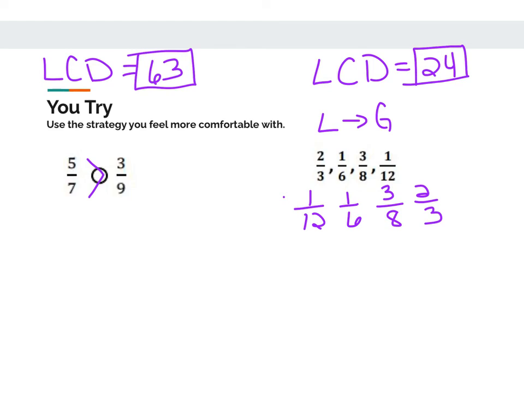If you used models, be careful because for the first one, those are too close to see which one's greater. And this second one, you could have done with models. But make sure that if you used least common denominator, you have 63 for the first one and 24 for the second one. So hopefully you got it correct. And then what you need to do is go to your assignment and get to work on that.